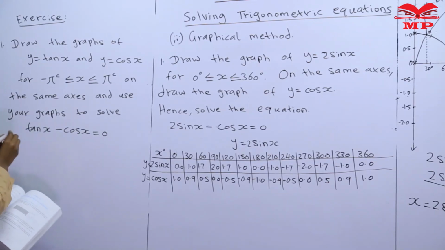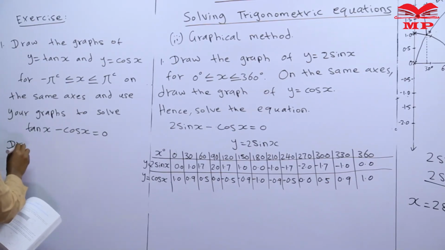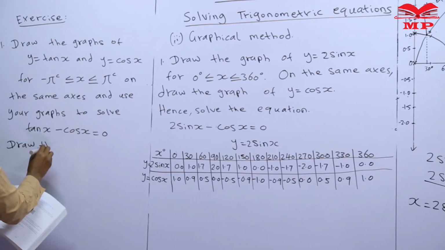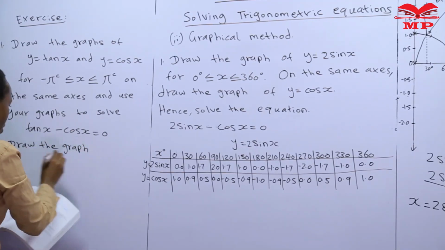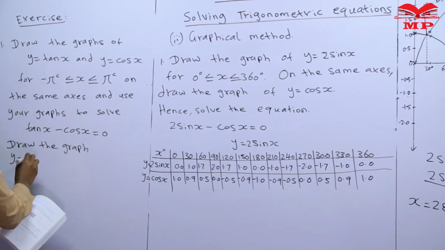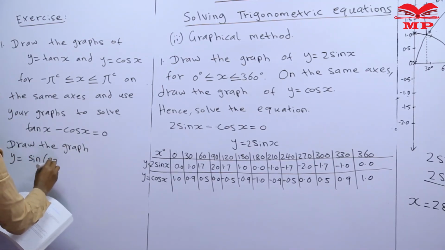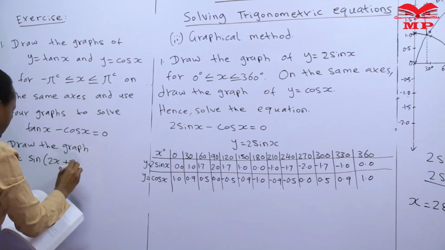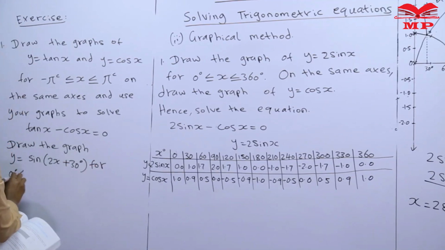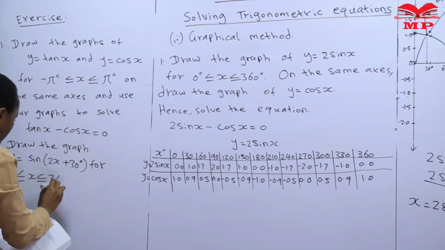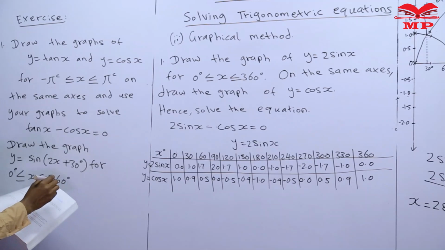Then finally, number 2, draw the graph y is equal to sine of 2x plus 30 degrees for the range 0 degrees all the way to 360 degrees.